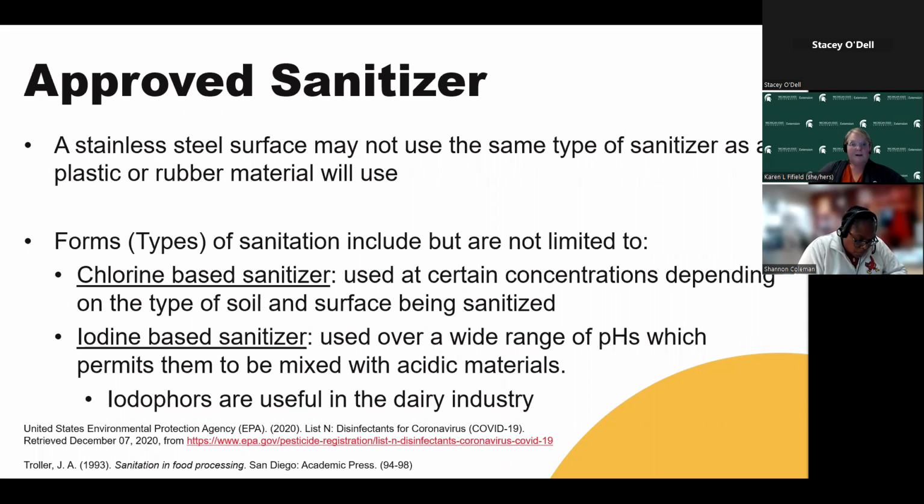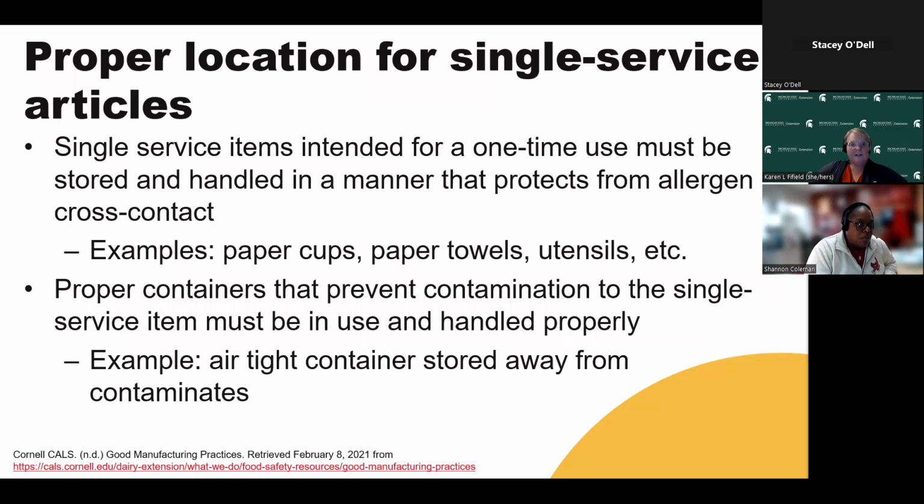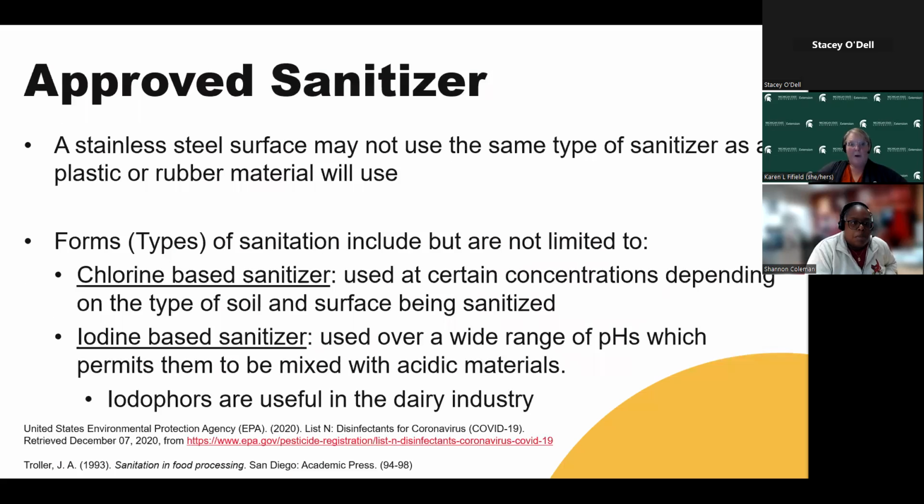Types of sanitizers include, but are not limited to, chlorine-based sanitizers, which are to be used at certain concentrations, depending on the type of soil and surface being sanitized. Iodine-based sanitizers can be used over a wide range of pHs, which permits them to be mixed with acid materials.